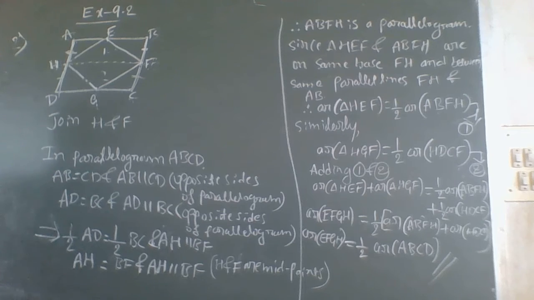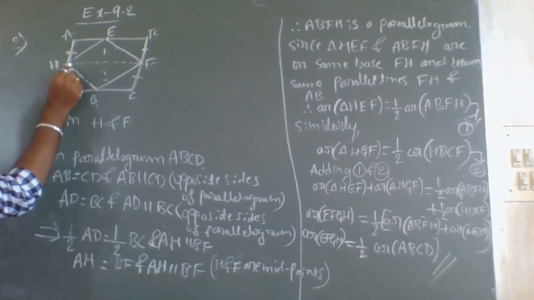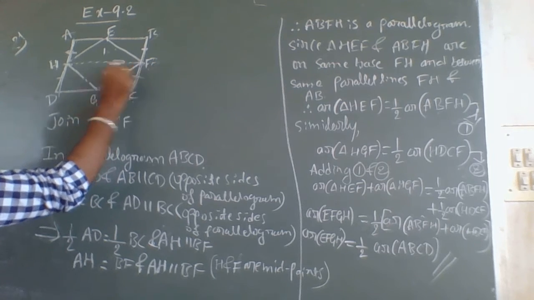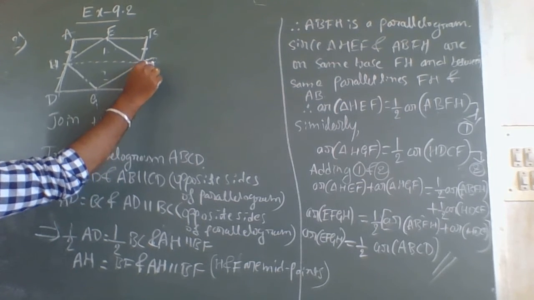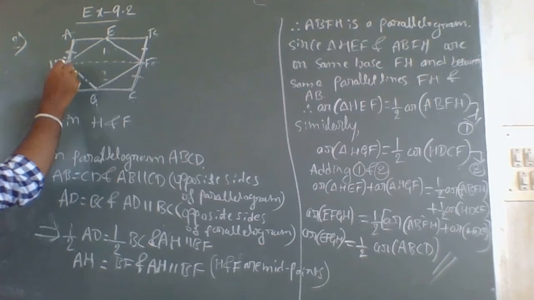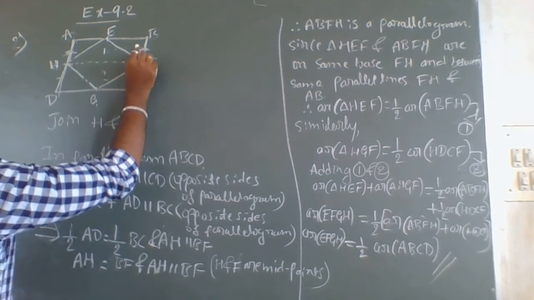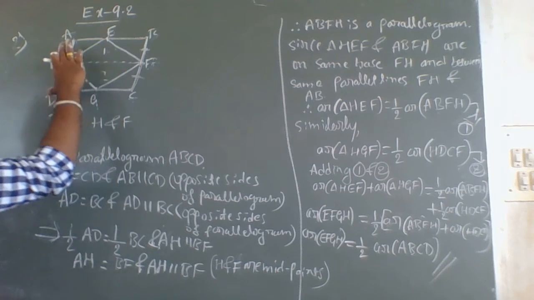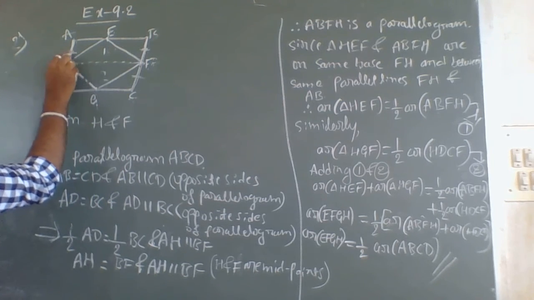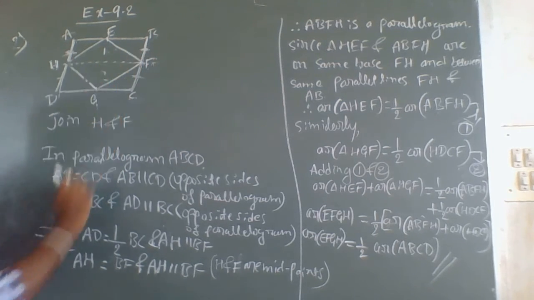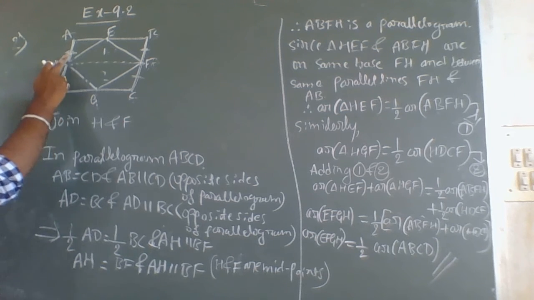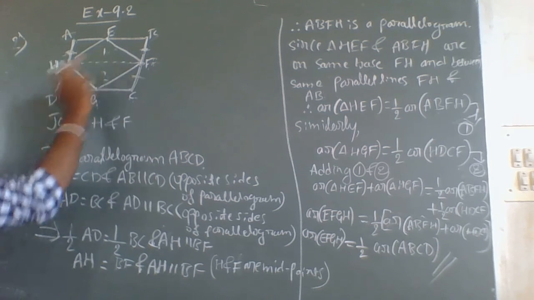So now we can write that AH equals BF because H and F are the midpoints, and also AH is parallel to BF because these two are parts of AD and BC. So AH and BF are equal and parallel to each other.